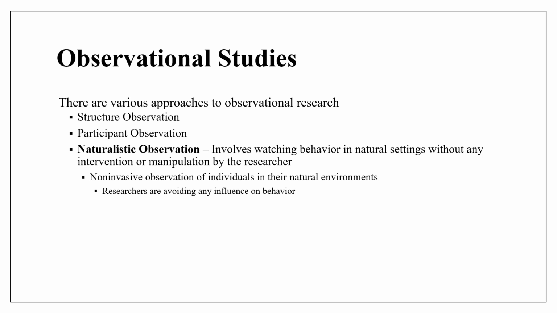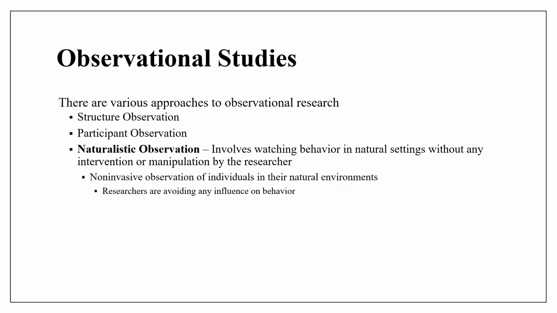We can have participant observation, which refers to a researcher actually being an active participant in whatever context they're interested in. And then we have naturalistic observation, which is going to be the main focus for us in this class as we discuss observational studies.